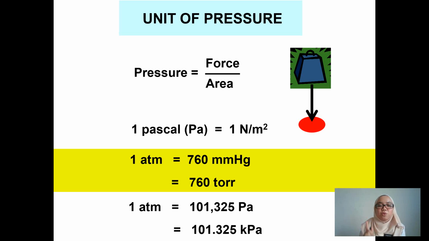And 1 atm is also equal to 760 mmHg and 760 torr. And 1 atm is equal to 101,325 Pascal or 101.325 kilopascal. So you need to know how to convert all these units of pressure from one unit to another.